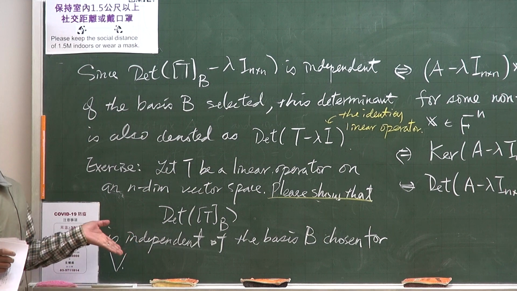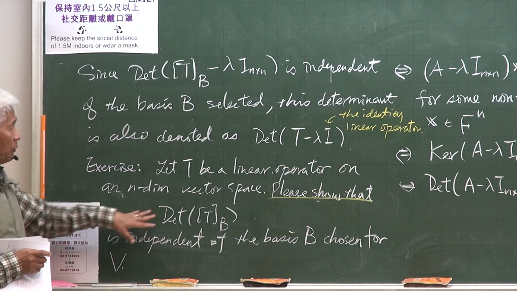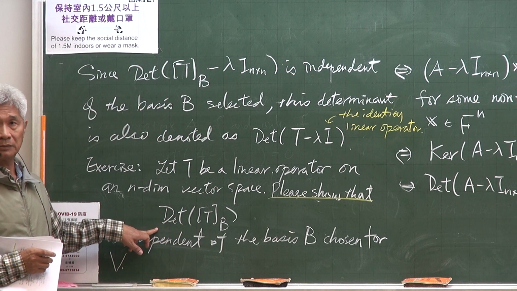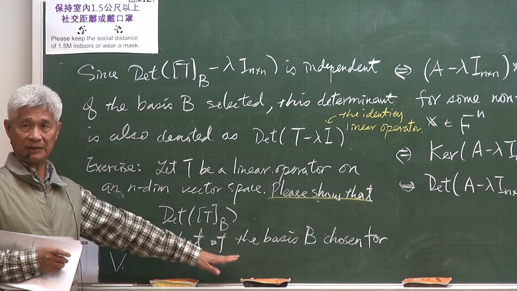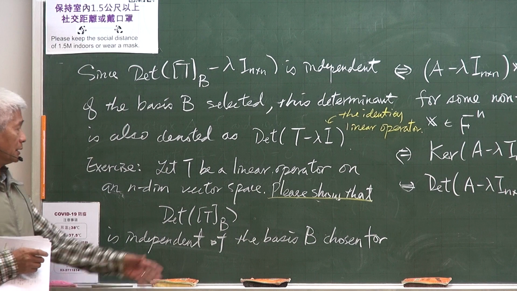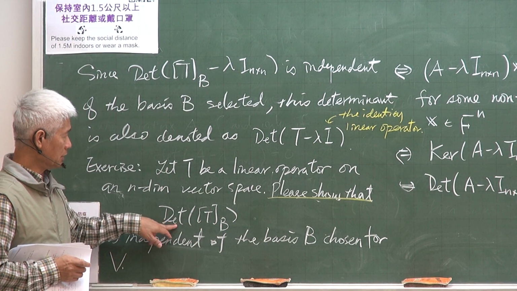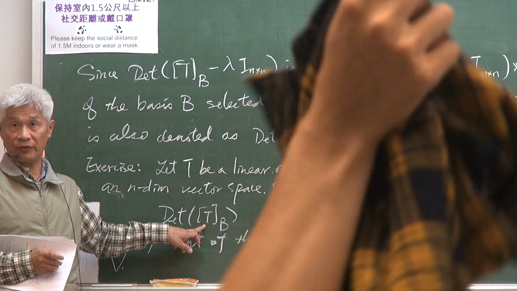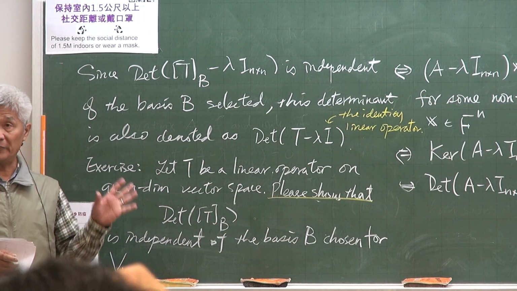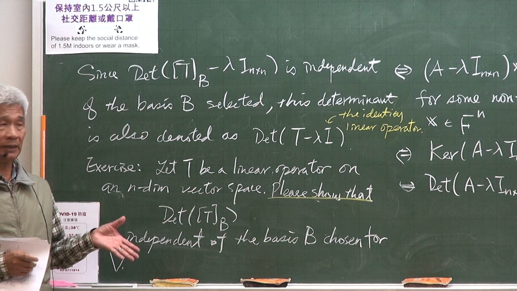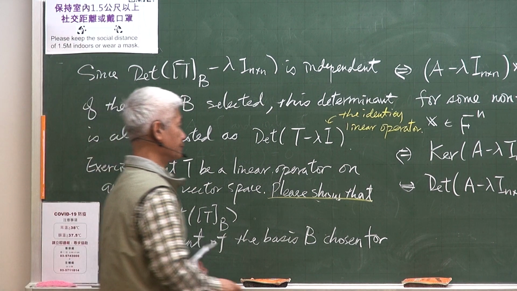But I want you to show that this determinant value will be independent of the basis. If you use different bases and compute the determinants of the matrix representations, the value will be the same, will not change at all. So you have to show that.